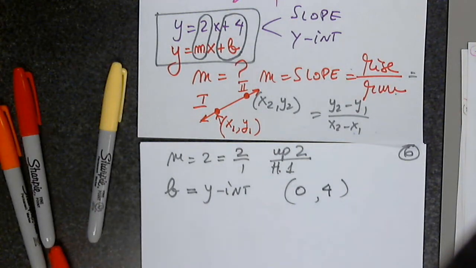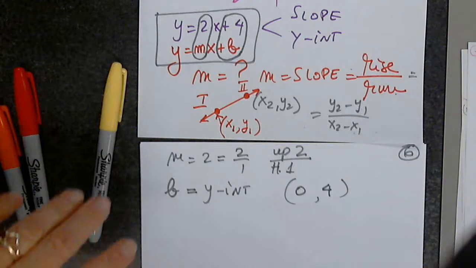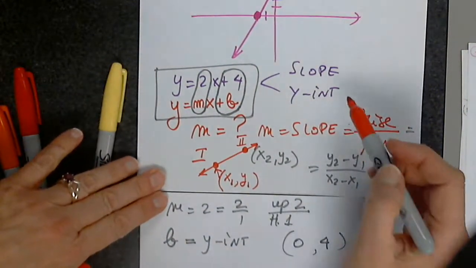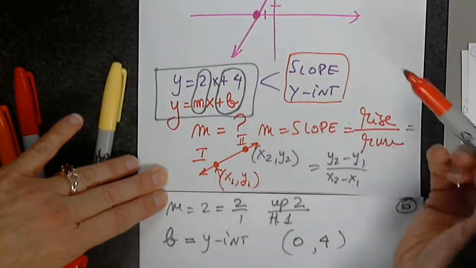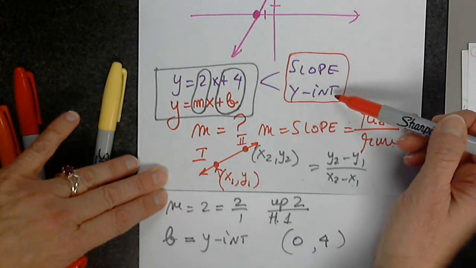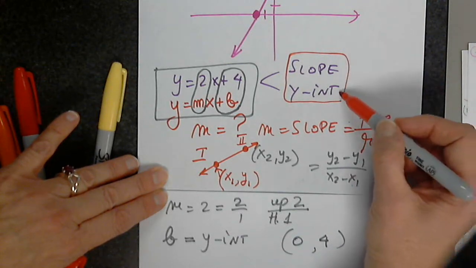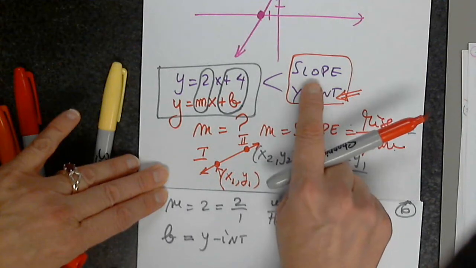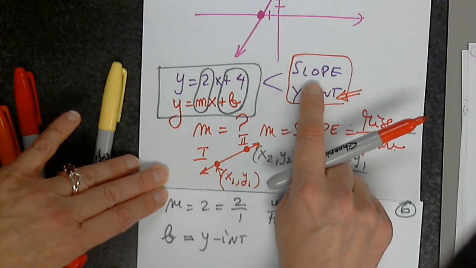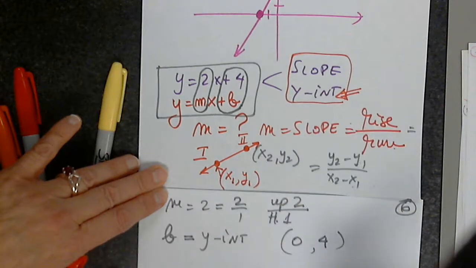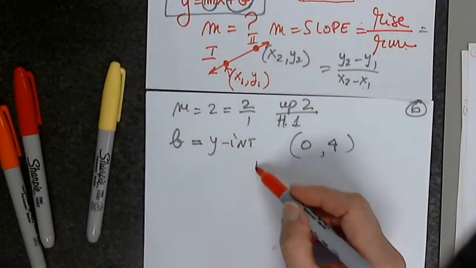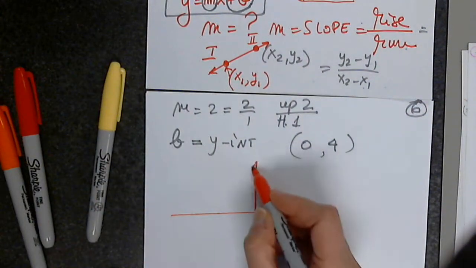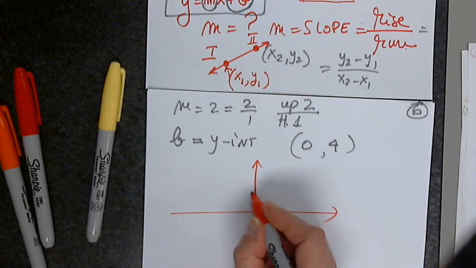Okay, so now, this is my starting point. Remember what I'm doing. I'm trying to graph using the slope and the y-intercept. I have to start with the y-intercept. I have to plot the y-intercept first, and then I have to use the slope to find the second point. So, 0, 4. 1, 2, 3, 4.